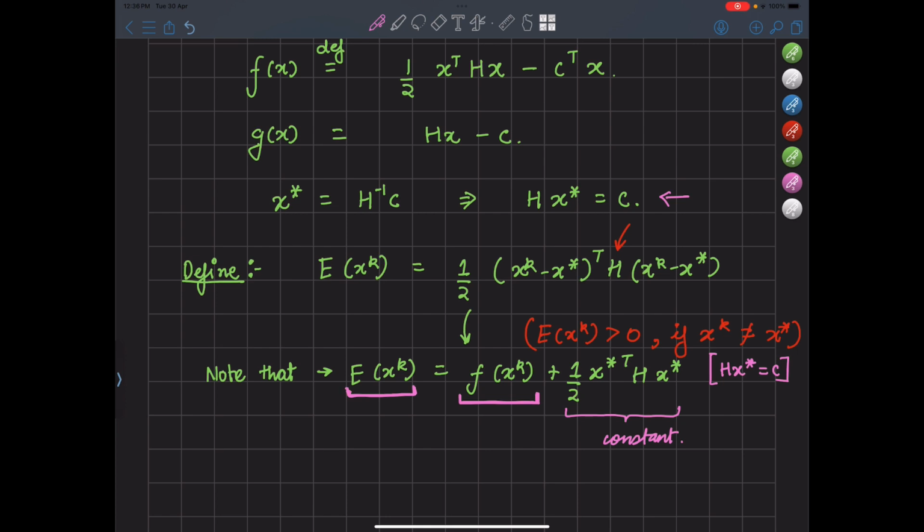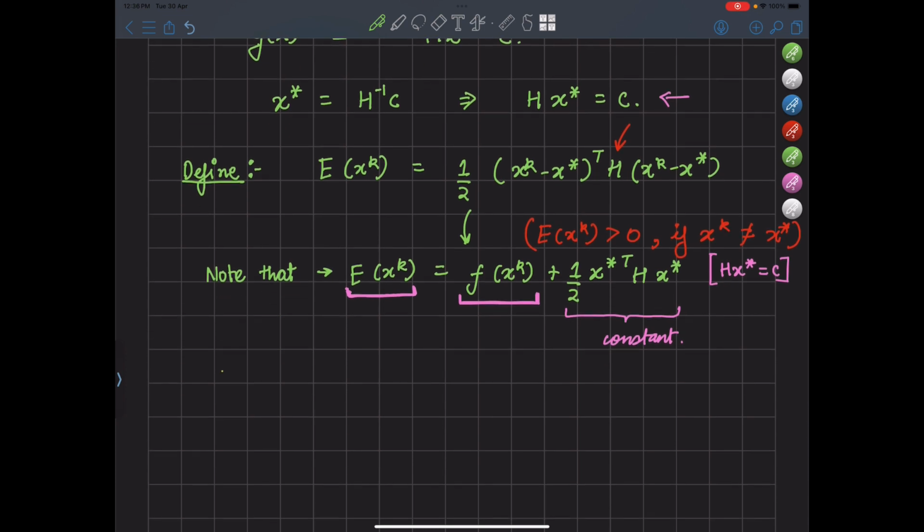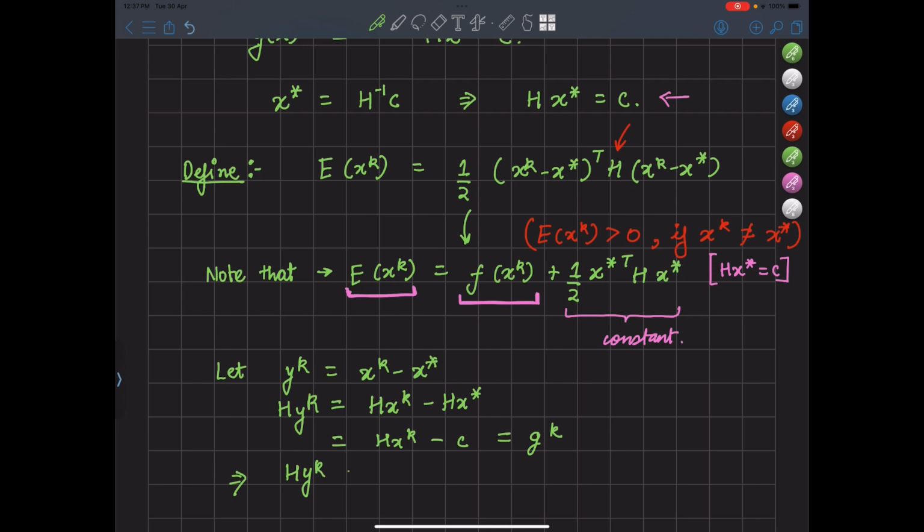Now let's simplify this expression by assuming yk equal to xk minus x star. By this we are just trying to shift the origin to x star, and which means h of yk will give us h xk minus h x star, which is equal to h xk minus c, which is actually equal to gk. So this implies that h of yk is gk.